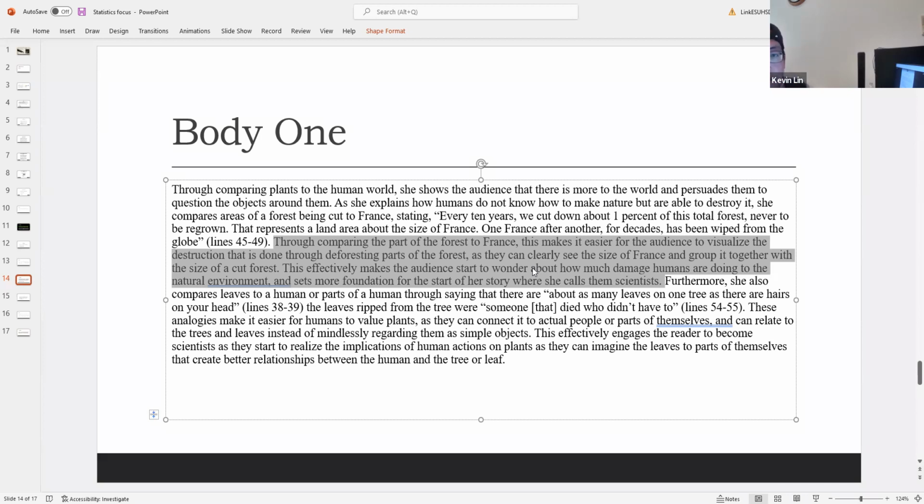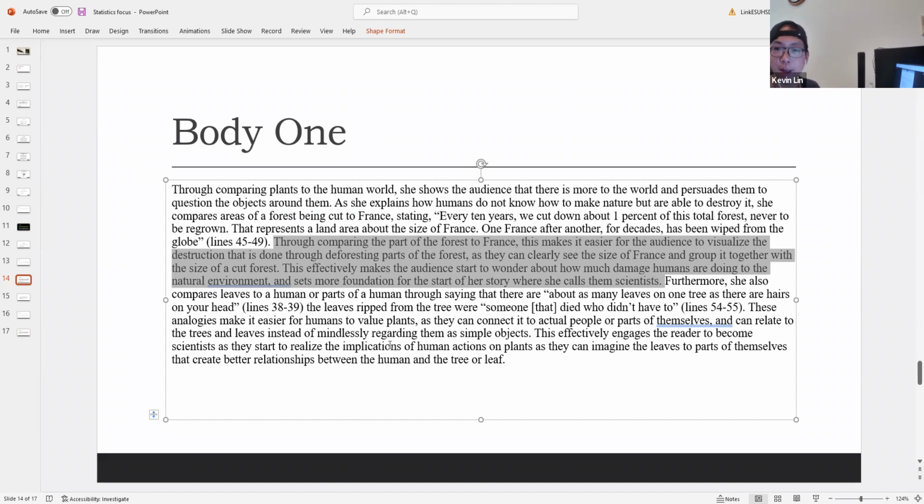Good question so far. Let's talk real quick about this little section here. I won't read the whole thing, but I do want to talk about how the student explains the evidence here, right? So they mentioned this quote here about how one France is being destroyed. What is it? Every year, every 10 years. Decades. What? No. Every 10 years. Yeah. So the student now explains significantly, why is this so good?